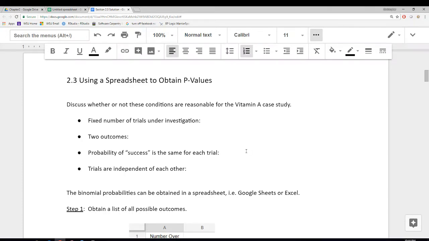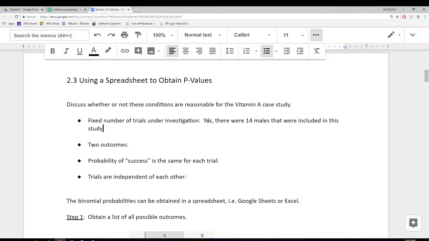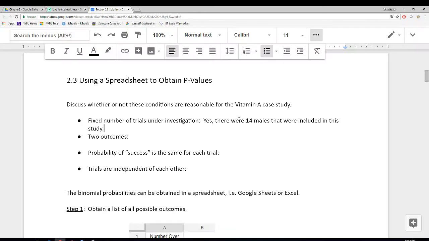In the vitamin A case study, were there a fixed number of trials under investigation? The answer to that is yes. There were 14 males that were included in this study. Were there two outcomes in this study?